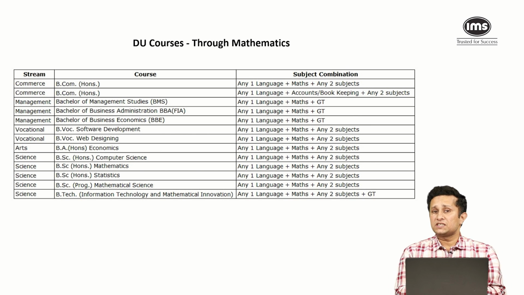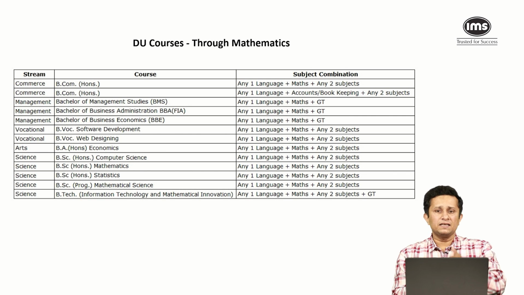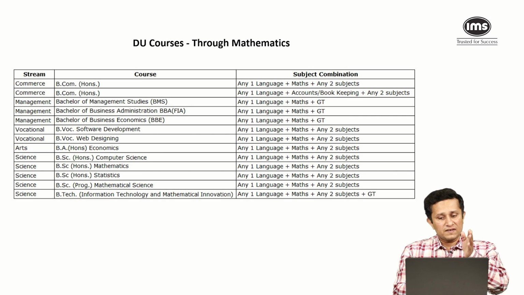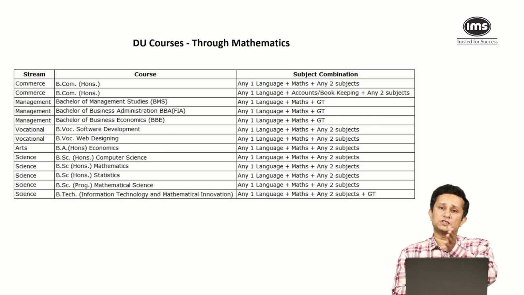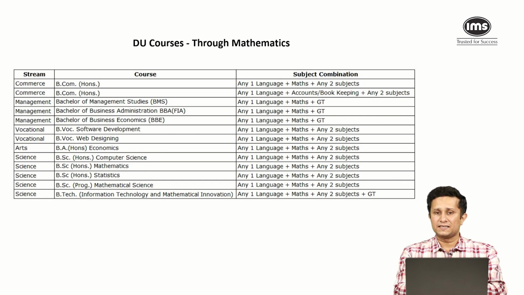But what if you didn't study maths? Then in that case, you can still go for the BCom Honors program by taking English, but then accounts becomes compulsory. So you have English plus accounts plus any two subjects. So your choices will get limited there. But if you have taken maths, definitely a good choice.